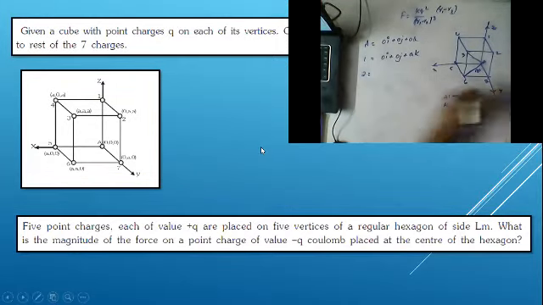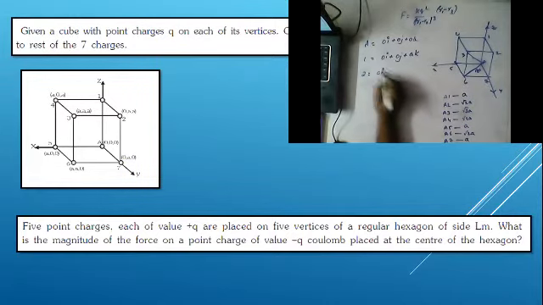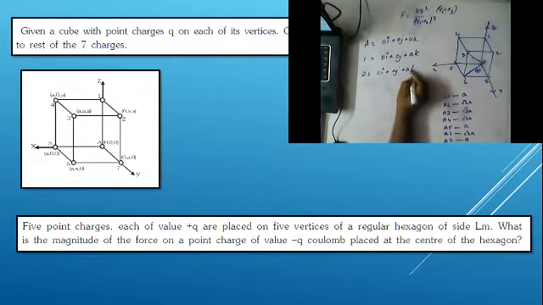The second point can be written as follows. If you observe clearly, it has z as well as y, and only the x term is 0, so we can write this as 0i plus aj plus ak.